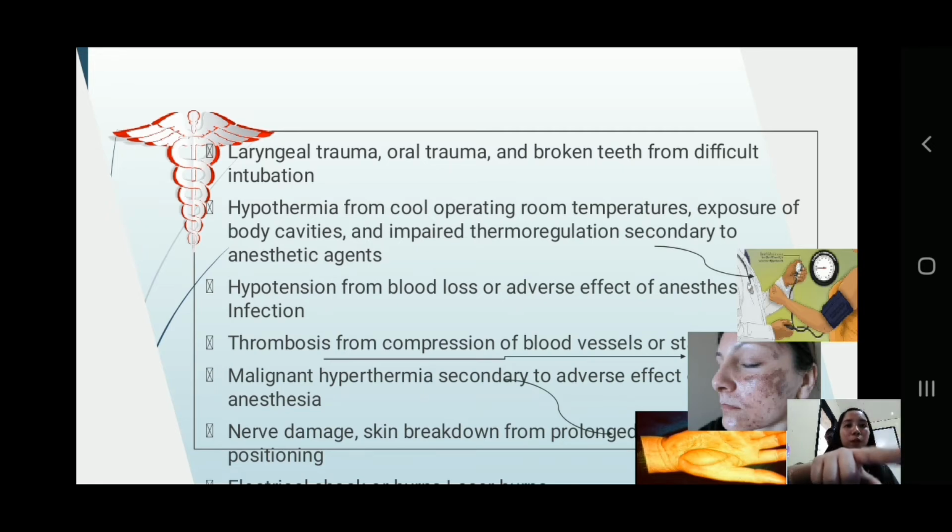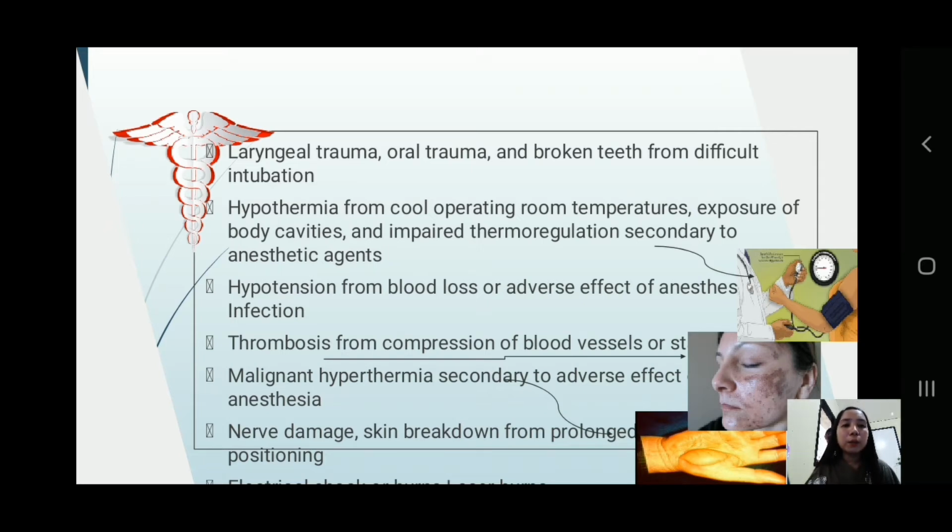Next is hypothermia from cool operating room temperature, exposure of body cavities, and impaired thermoregulation secondary to anesthetic agent. Hypothermia is caused by prolonged exposure to very cold temperature.